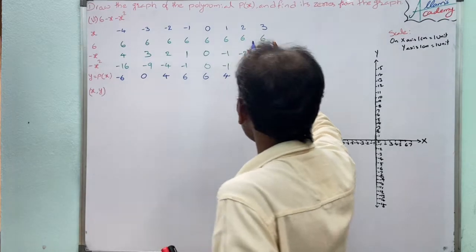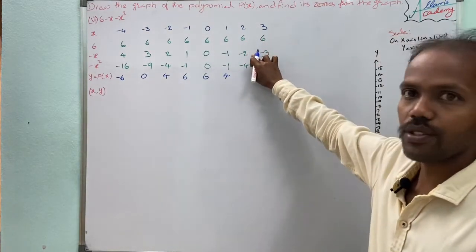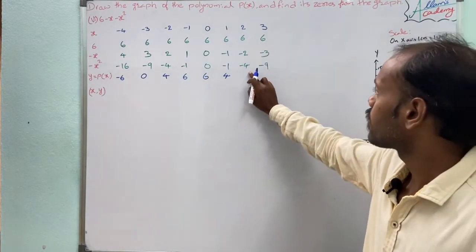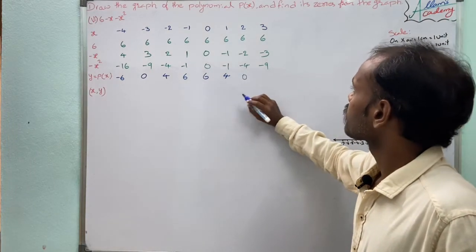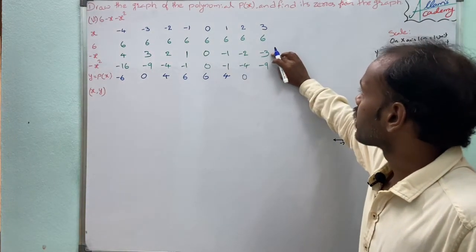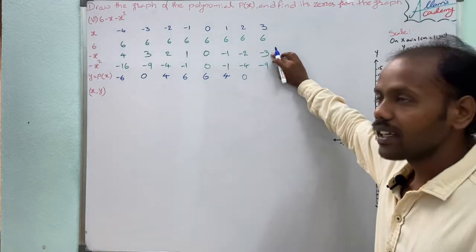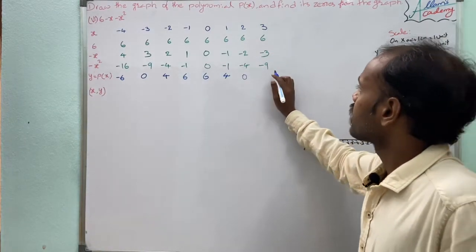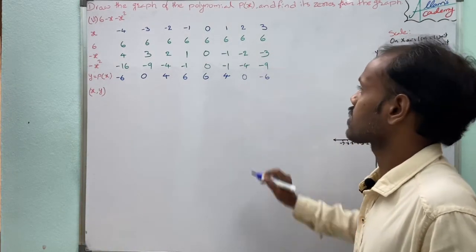Next, 2 minus 6 is minus 2, minus 2 minus 4 is 0, 6 minus 3 is 3, so 3 minus 9, that is minus 6.